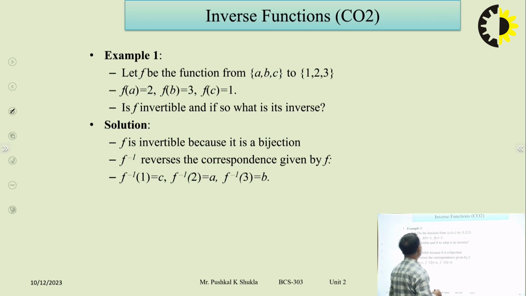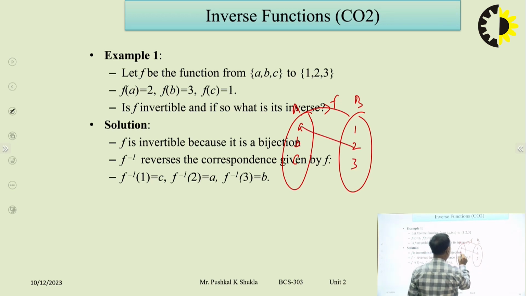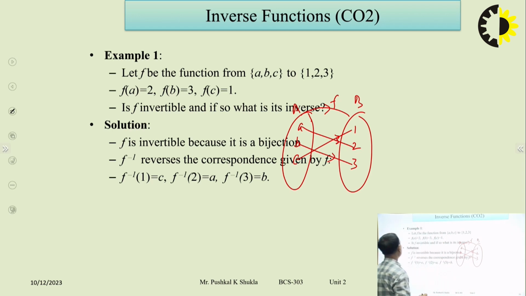Example: let f be the function from {a, b, c} to {1, 2, 3}, defined as f(a) equal to 2, f(b) equal to 3, f(c) equal to 1, like this. Is f invertible, and what is the inverse?